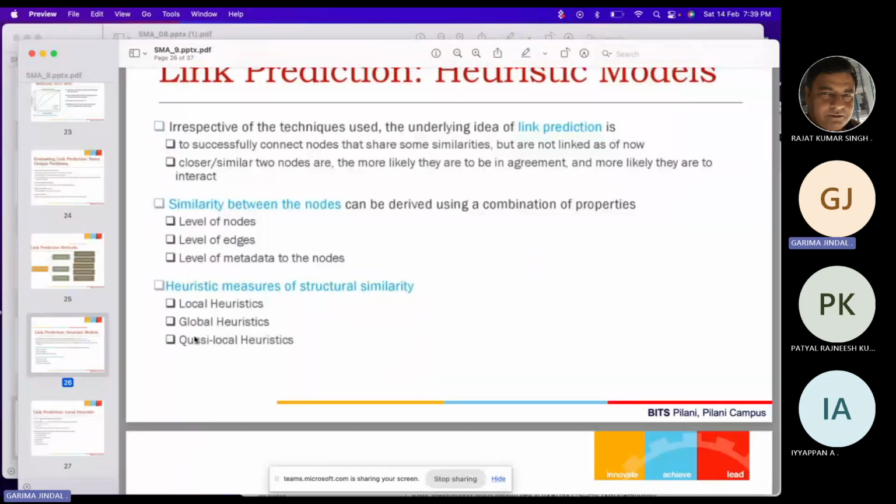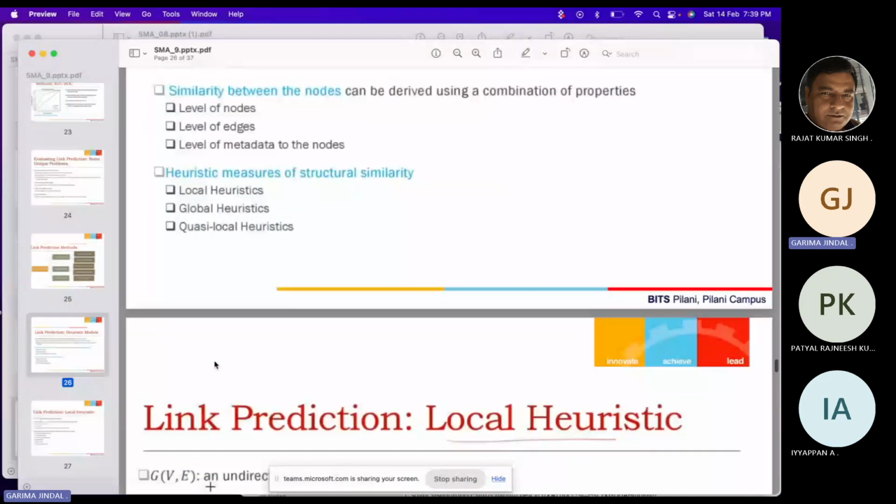The more similar the nodes are, the higher the probability that these two will be connected. The heuristic methods can be divided into three categories: local heuristic, global heuristic, and quasi-local heuristic.